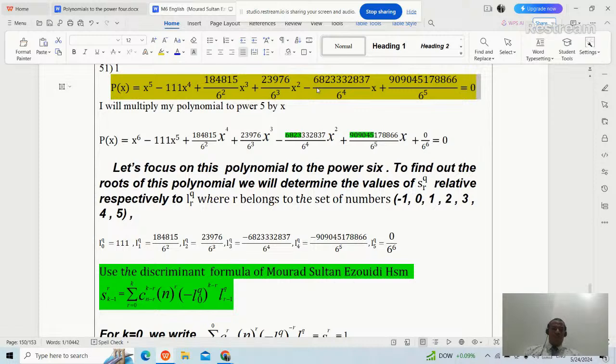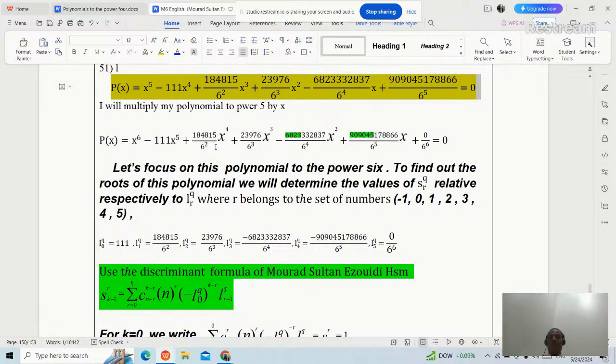Here you are welcome to use the method of Mr. Mourad Sultan Ezouidi. This method is very important for finding the roots of these polynomials. So it's clear that this is a polynomial of degree 5. I will multiply this by x, and I should obtain another polynomial of degree 6, but it has the same roots.